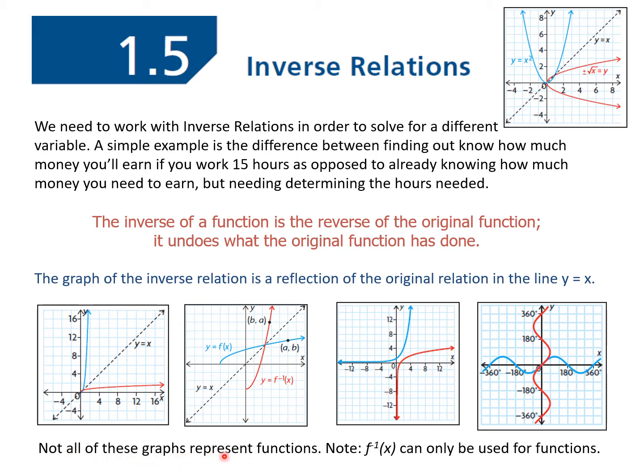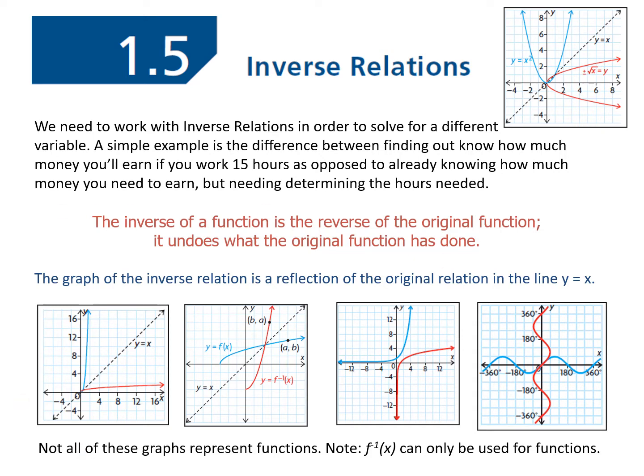Not all of these graphs represent functions. So this notation is only used if it is a function. On this whole screen, you should see that there are two red graphs that are not functions, two inverses that are not functions. This is one, and this is one. A way to quickly test for that is with the vertical line test.